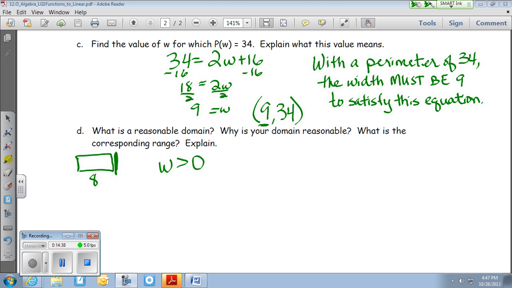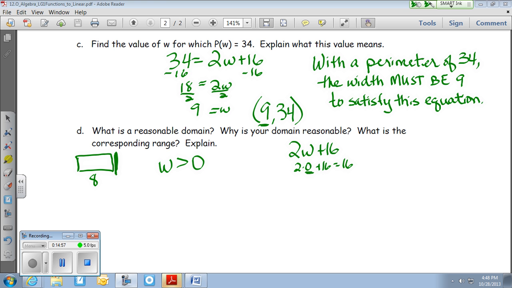And so if we plugged 0 into that original equation, 2 times 0 plus 16, we get 16 for the perimeter. Now we know that W is not going to ever be 0, but if we did put 0 in, the result would be 16.